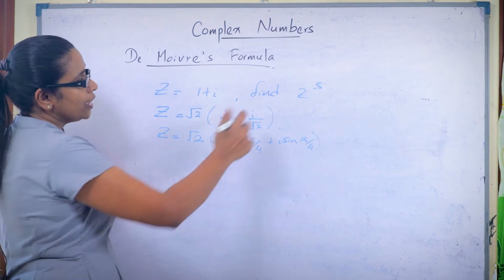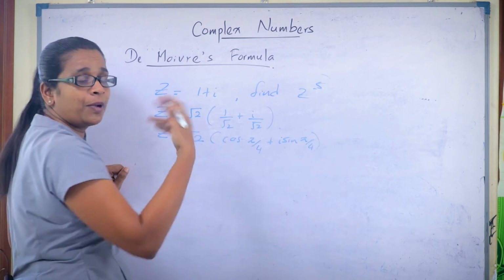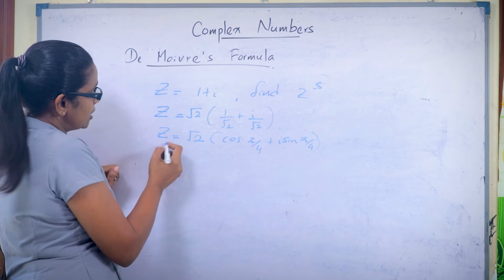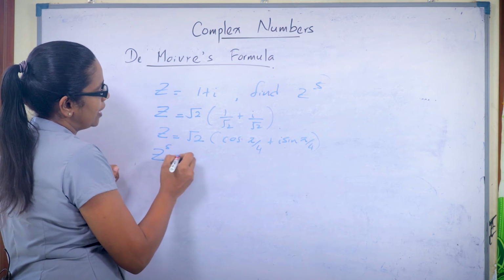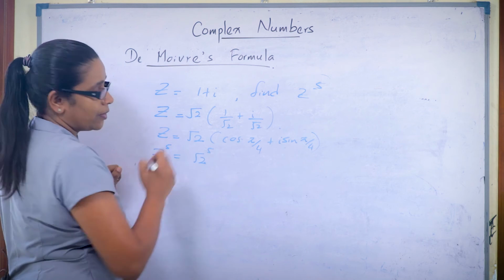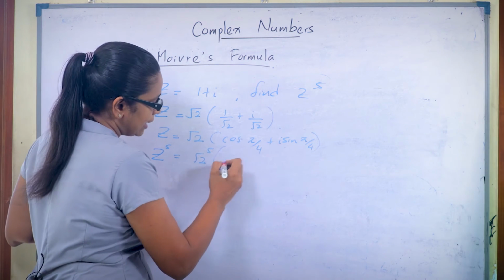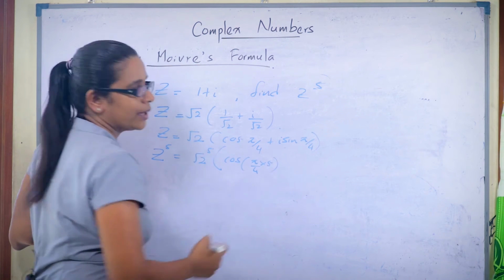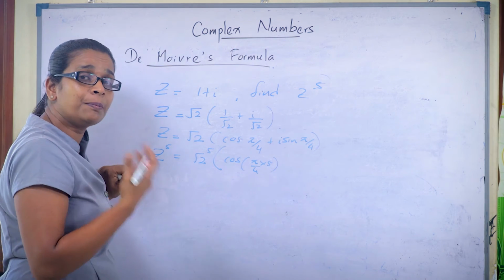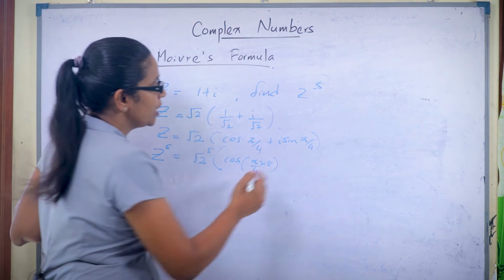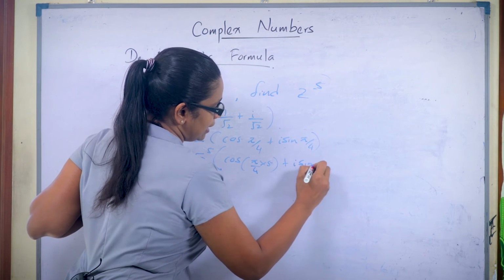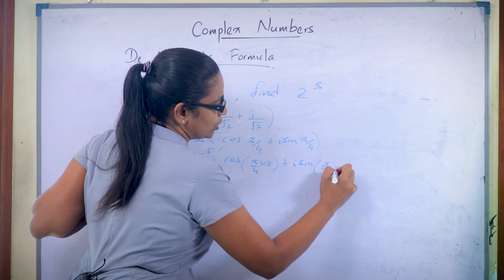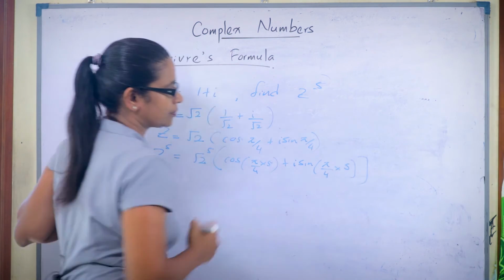Okay. Now I need to find the fifth power of this complex number. So z raised to the power 5 is root 2 raised to the power 5, and here cos π/4, you have to multiply by 5 because it is the power we are going to find, plus i sin π/4 into 5.